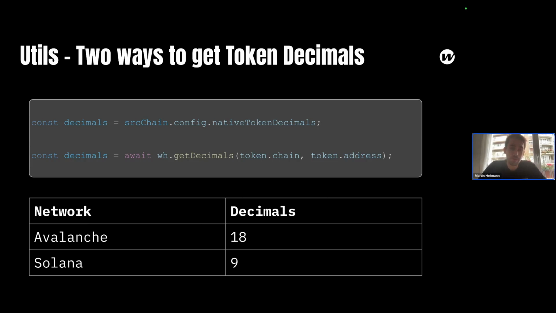So Wormhole gives you access to that very easily. You just call get decimals, you specify the token chain and the token address, and that's it. For example, it's going to be get decimals of Avalanche, and you add the token address of that particular token on Avalanche, and it's going to tell you it's 18 decimals. So this is another very cool thing for quick access to decimals.